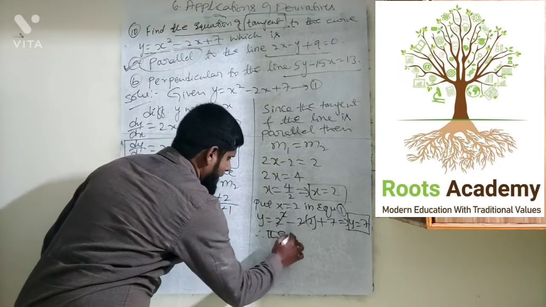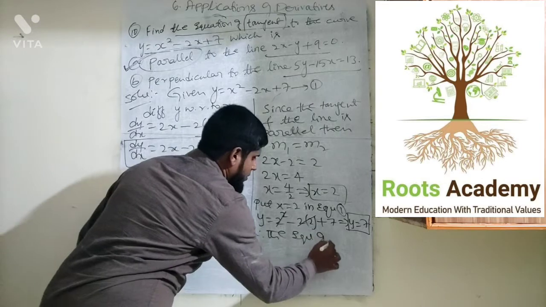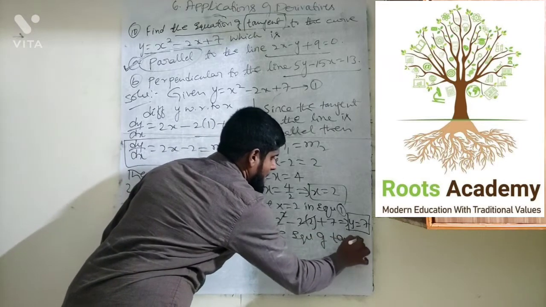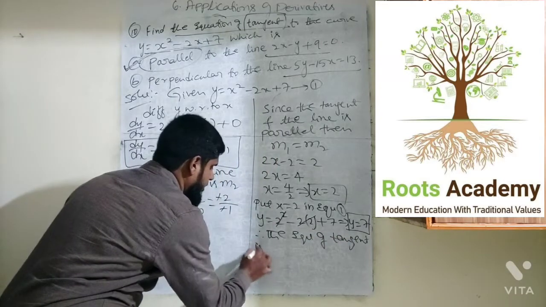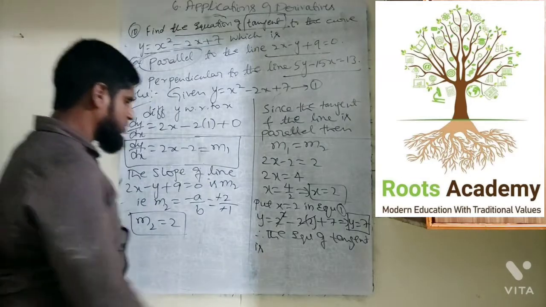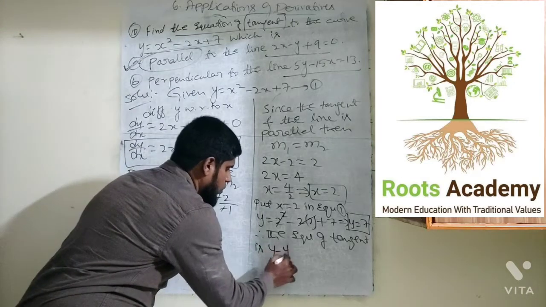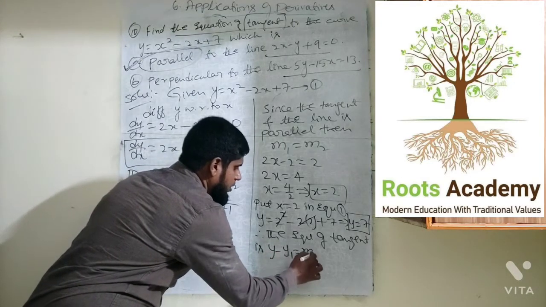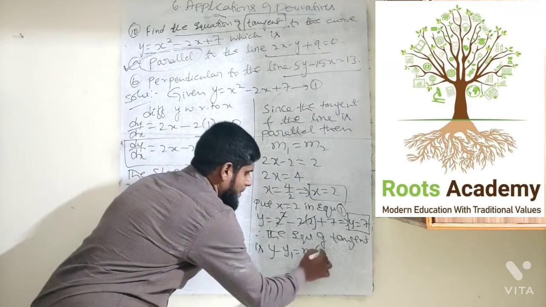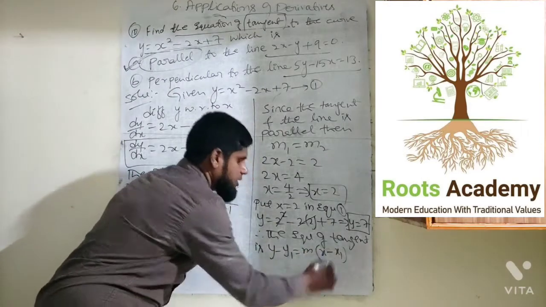Therefore, the equation of tangent is y minus y1 is equal to m times x minus x1.